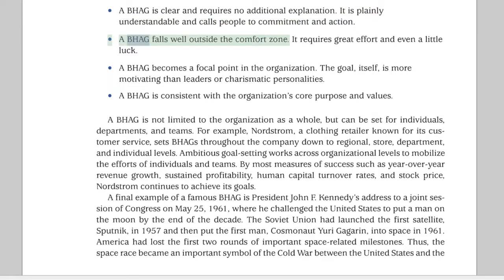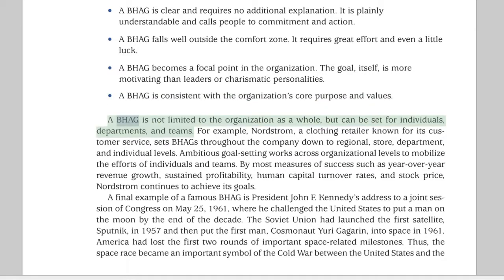A BHAG falls well outside the comfort zone. It requires great effort, and even a little luck. A BHAG becomes a focal point in the organization. The goal, itself, is more motivating than leaders or charismatic personalities. A BHAG is consistent with the organization's core purpose and values.